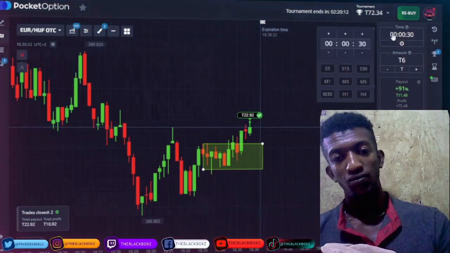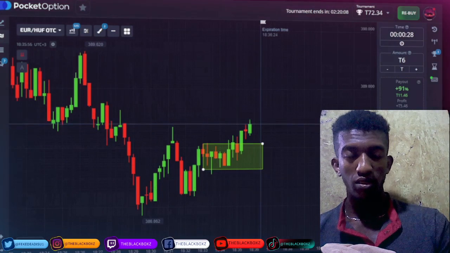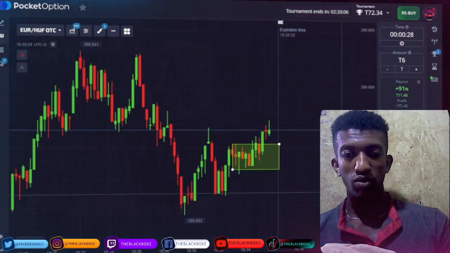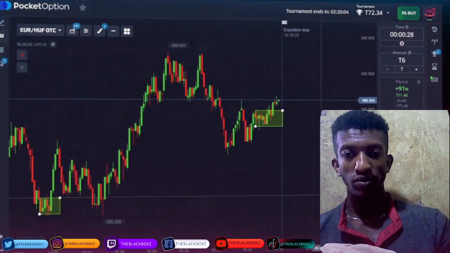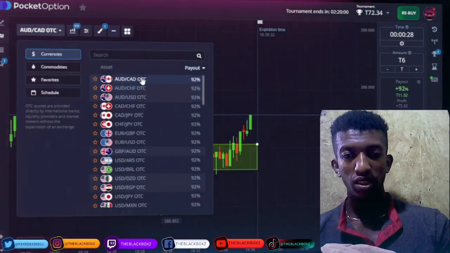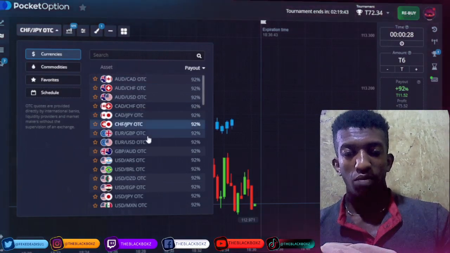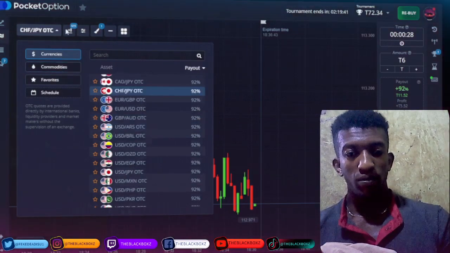Nice buy. TP is not hit, so we expect a little move up. Yes, now TP is 50% out. 50% out, stop loss will be above your entry.